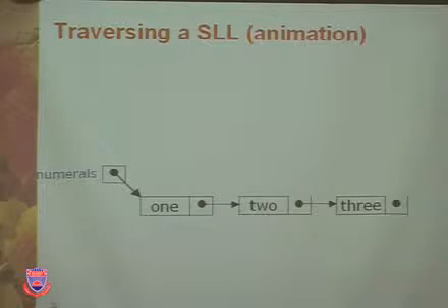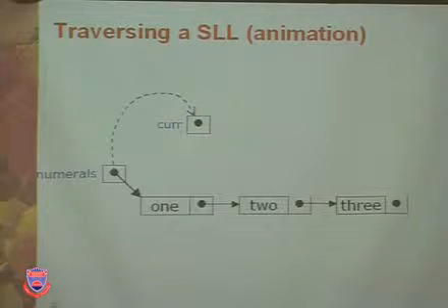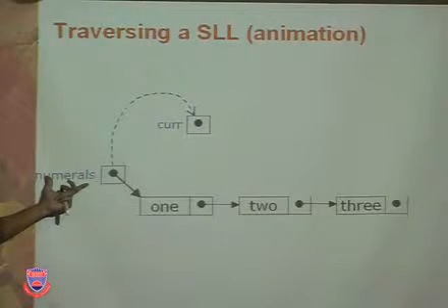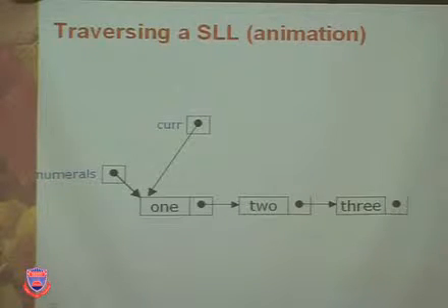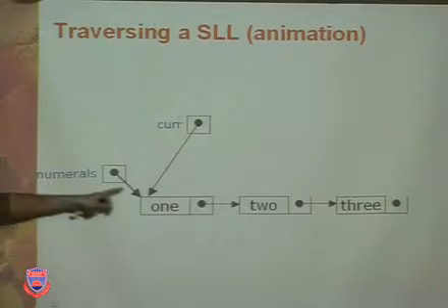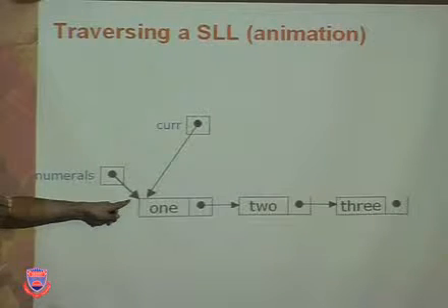So if you see the animation, that might make it more clear. So I have a current variable that is going to be initially null. However, I will assign current is equal to numerals dot first, so that it points to the same object as my numerals object's first reference.